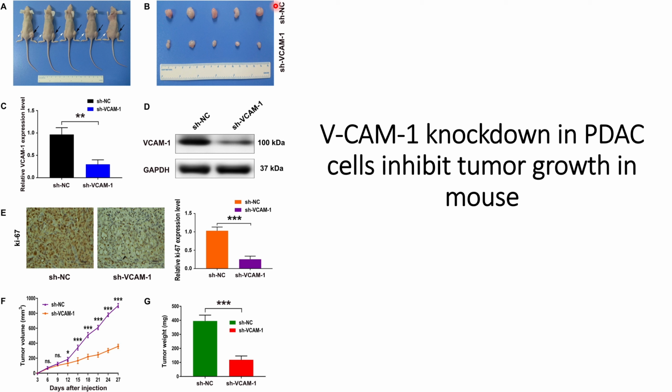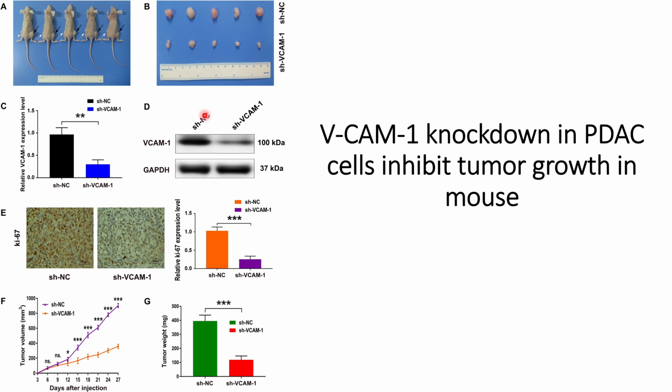And they have also validated this using the RNA expression levels of these tumors, which is shown in panel C, where we can see that the small tumors, or the tumors that are obtained from a position where the silencing VCAM-1 pancreatic cancer cells were used, show low VCAM-1 expression compared to the case where the normal pancreatic cancer cells, or the control pancreatic cancer cells, were used.